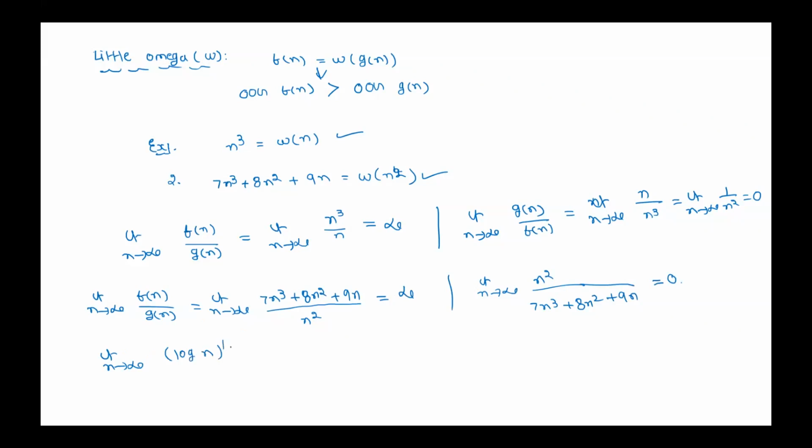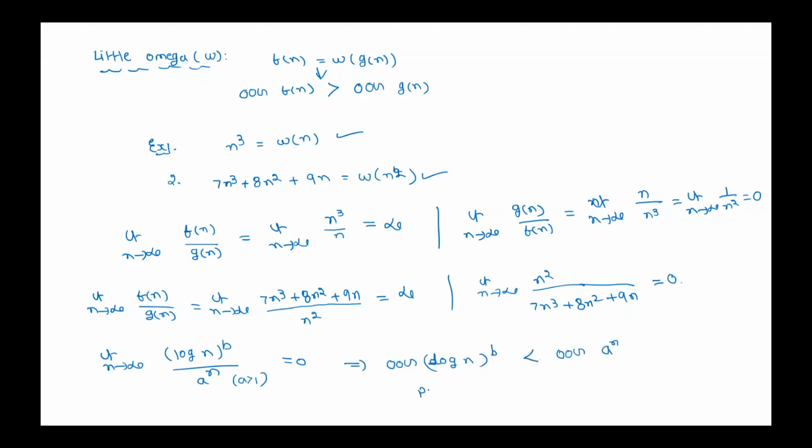Now, what is limit n tends to infinity of log n whole power b by a power n, where a is greater than 1? We know that it is 0. So that means the order of growth of log n whole power b is strictly lower than the order of growth of a power n.